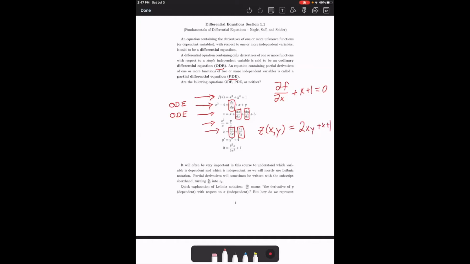So this is partial, that's the point. Since z is a multivariable function and we're using these partial derivatives, this is a partial differential equation. Next, we see something written in prime notation. And since it's clearly not written in partial notation, this is ordinary.